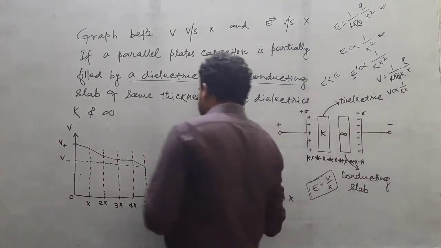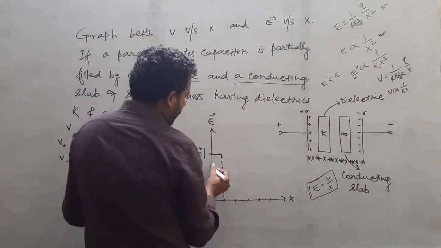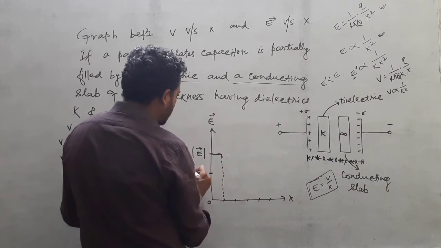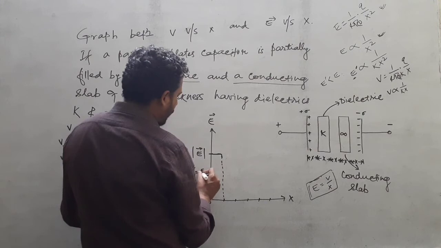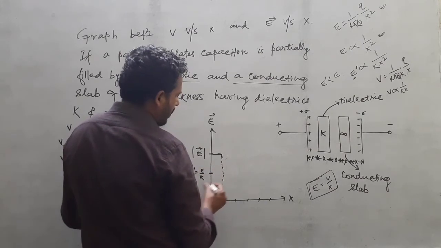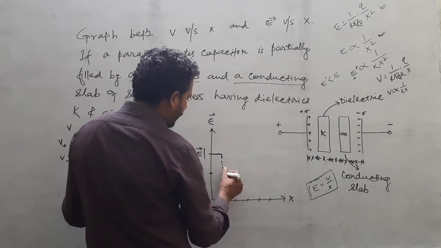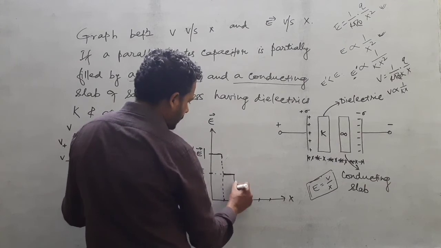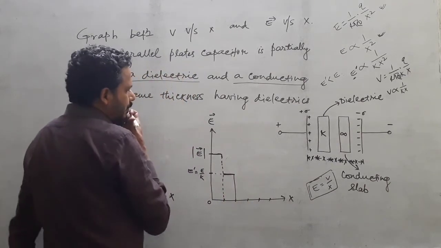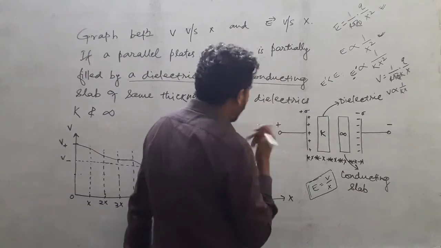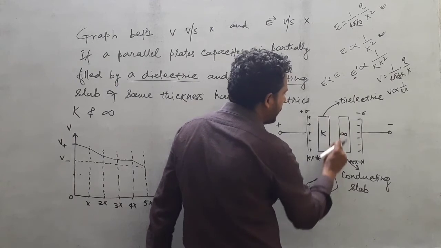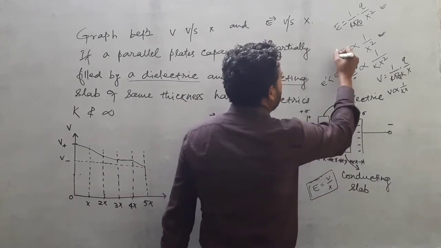So here you will get another electric field, E dash, and this one is reduced by a factor of k. So here there are field lines, another field lines. Now whenever we talk again about the free space, it will be just like this one.